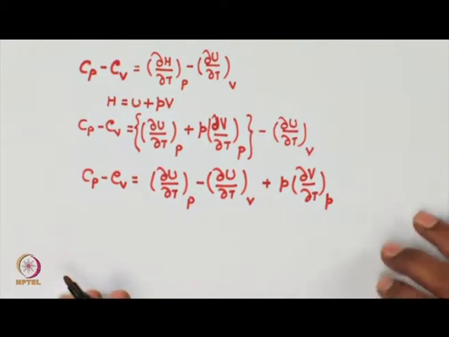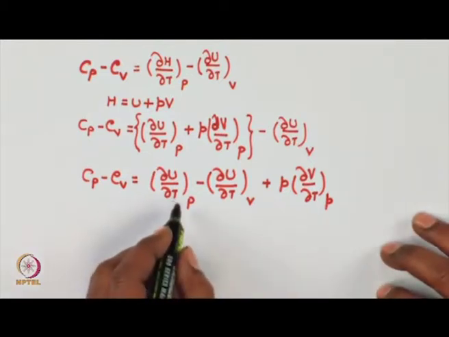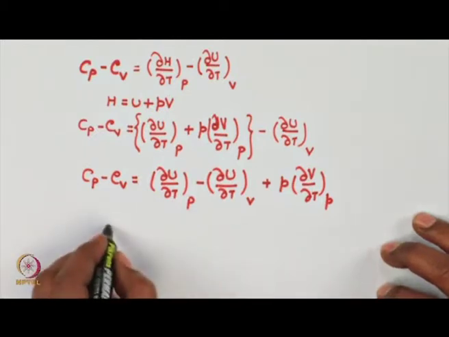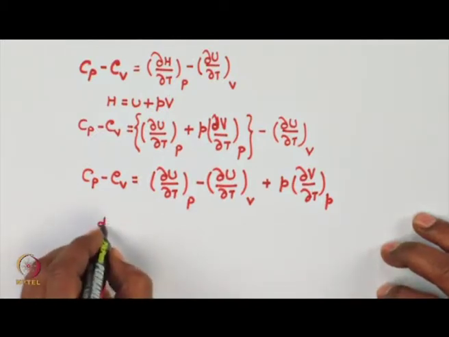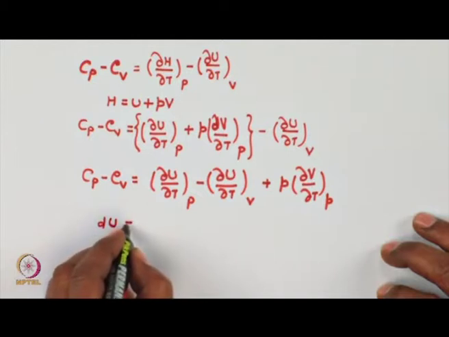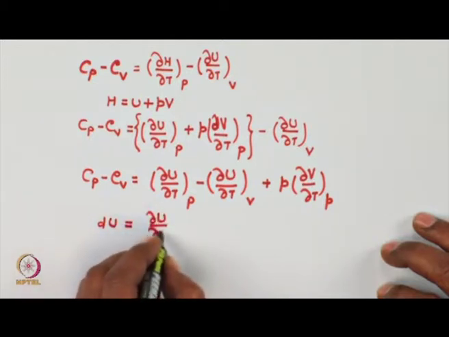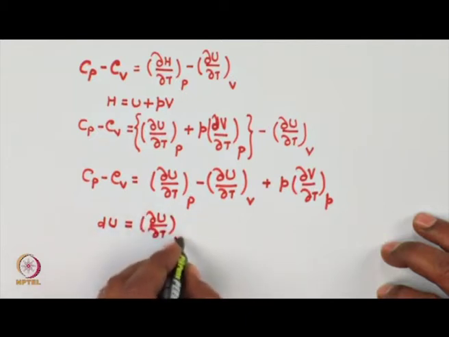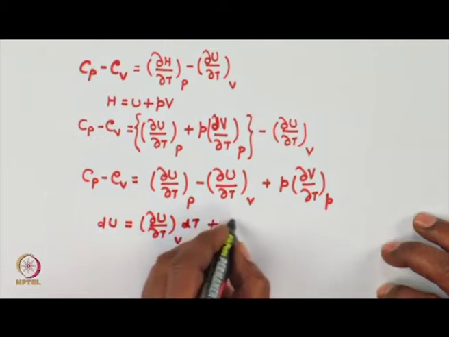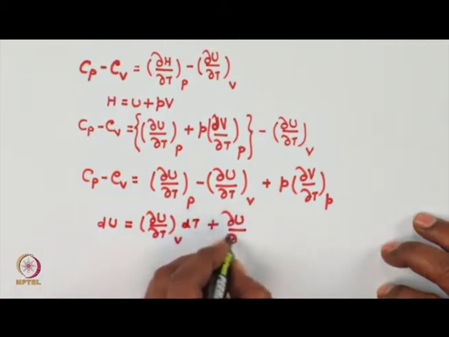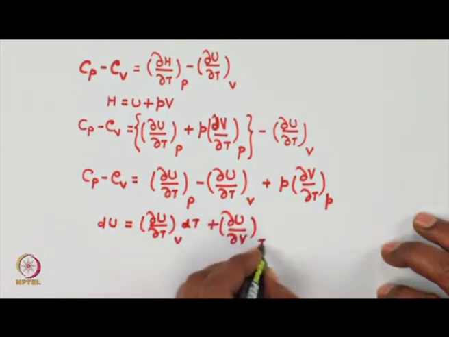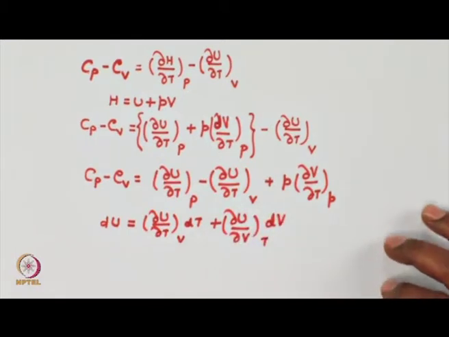We have just discussed in the previous session that dU is equal to dou U dou T at constant volume dT plus dou U dou V at constant temperature dV.